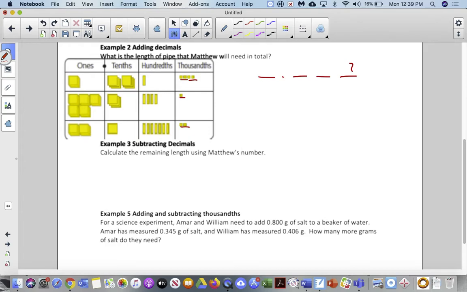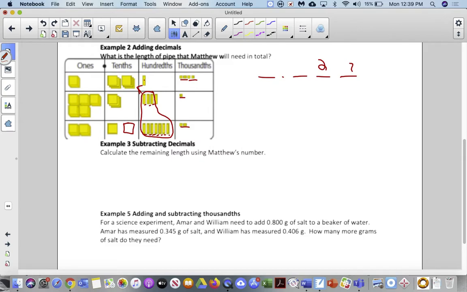In this one, I have 1, 2, 3, 4, 5, 6, 7, 8, 9, 10. So these 10 right here make one of those. So I'm simply just going to add one of those. And then I have 1, 2 left over. So I'm going to put 2.